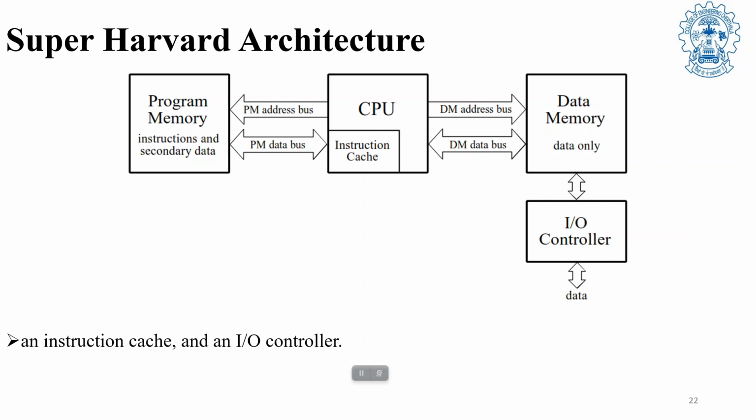Since the program memory is allocated with the data, that is the filter coefficients, this memory is able to handle the instructions as well as the data. So this reallocated data is also known as the secondary data.